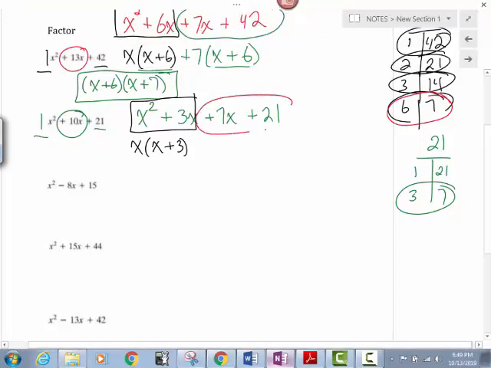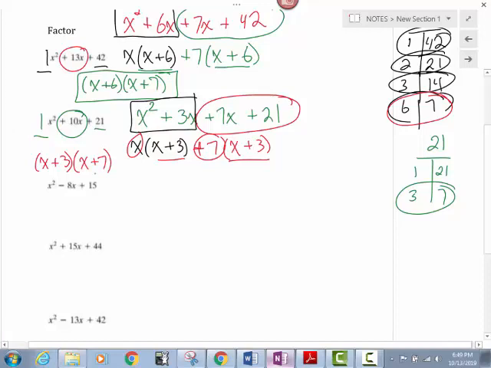I'm going to circle these two here. I can take out the number 7, and if I take out the 7, I'm left with an x plus 3. Notice those pieces match up, so I'm going to write that down as my first factor, x plus 3, and my second factor will be whatever I'm left with, x plus 7, right?